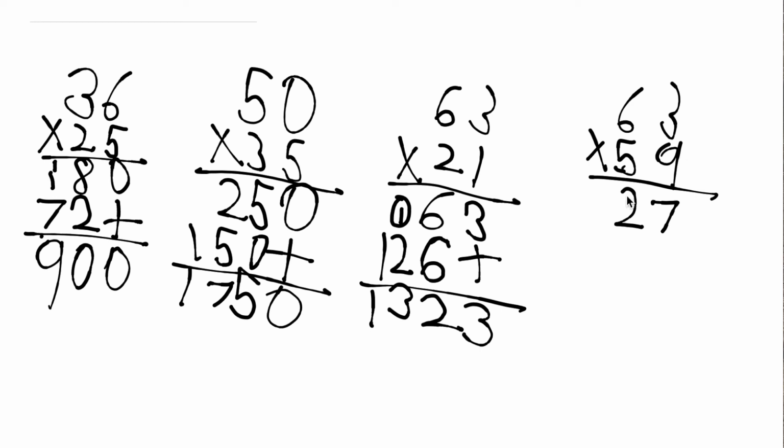So since 4 is here, we put 4 plus 2, which is 6. So we keep 6 here, 6 here and 5 here. And it's 567.